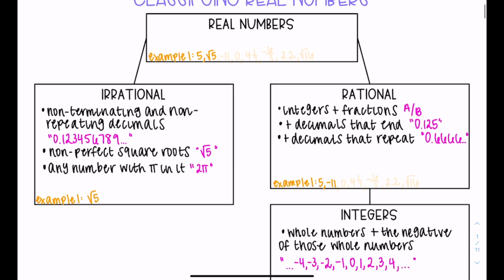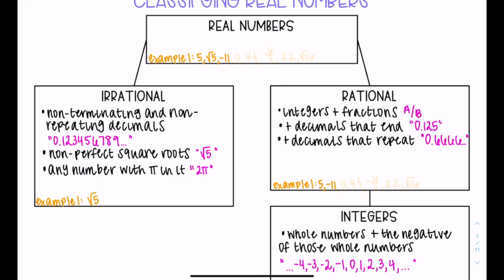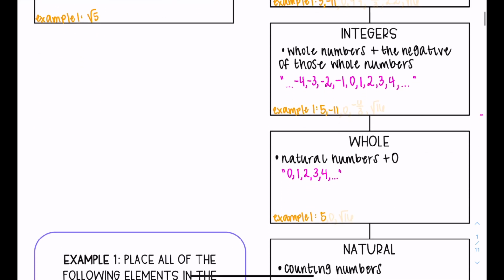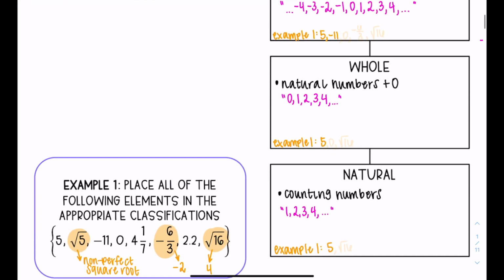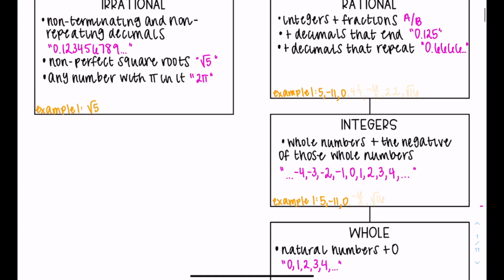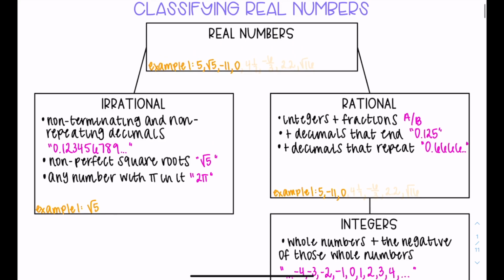And again, that's going to be a real number. What about 0? Is 0 a natural number? No, and a lot of people get that one wrong. 0 starts at being a whole number, which also means that it's an integer, which means that it's a rational number, and again, it's a real number.